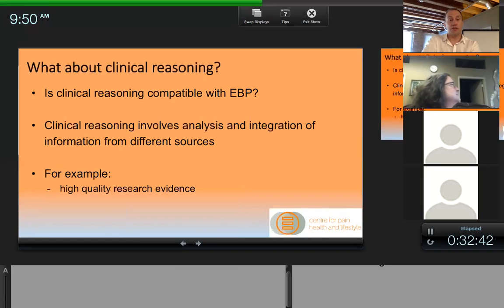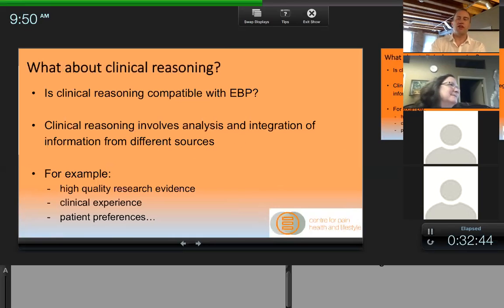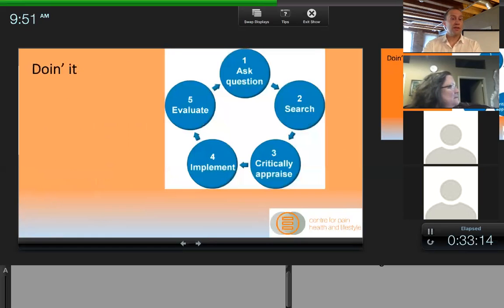Where might you get that information from? So I guess to my mind, there really isn't a difference between the fundamental ideas of what evidence-based practice is and clinical reasoning. Clinical reasoning is really just integrating information from different sources, synthesizing it, prioritizing it, which is essentially the same thing that you do, or the same thing that's recommended in evidence-based practice.